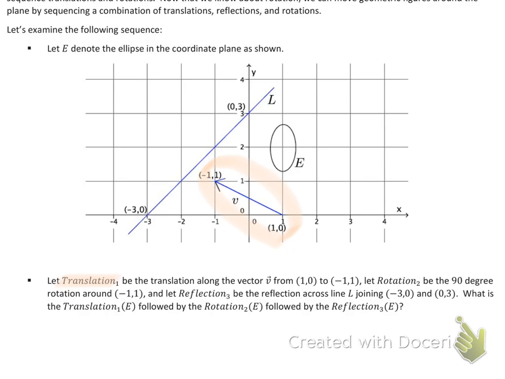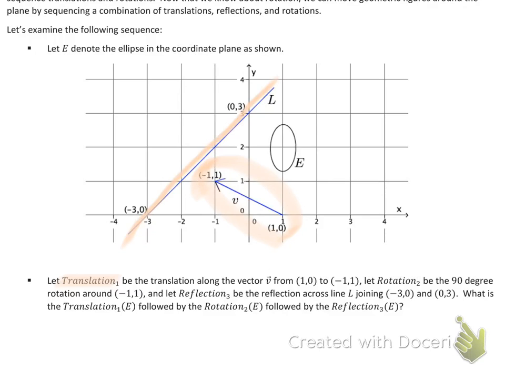Let rotation 2 be the 90-degree rotation around (-1, 1). So we're going to use the endpoint of the vector as our center of rotation. And let reflection 3 be the reflection across line L, joining (-3, 0) and (0, 3). So there's our line of reflection.